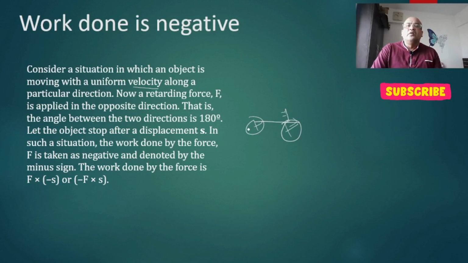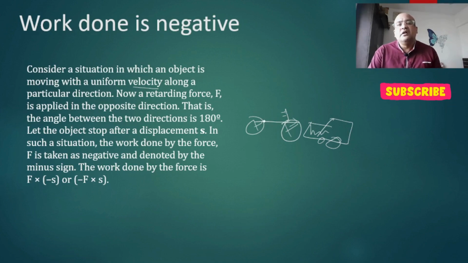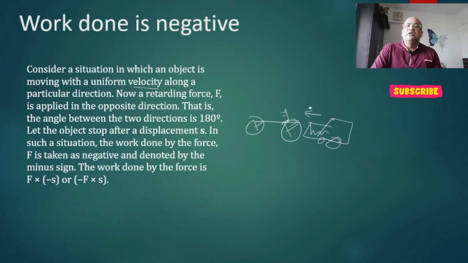Now a retarding force F is applied in the opposite direction. Someone dashes your bicycle, so what will happen? A retarding force is being applied in the opposite direction.